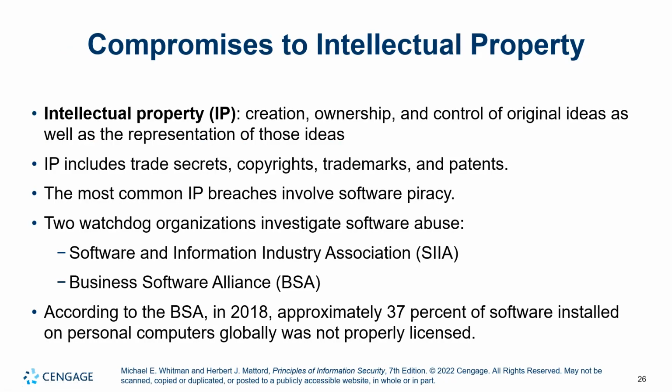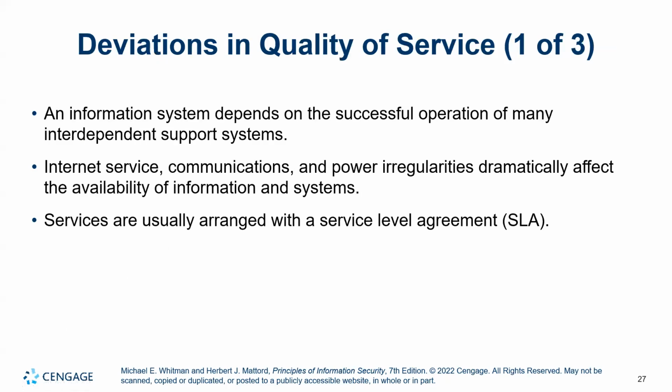Yeah, this is more information about intellectual property. It says the most common IP breaches involve software piracy, software and information business software alliance. These are organizations that came together to try to combat this. Sometimes you have to have a key or a dongle. It's a little USB you plug in order for the software to run. So there are little things that companies have devised to try to take care of that.